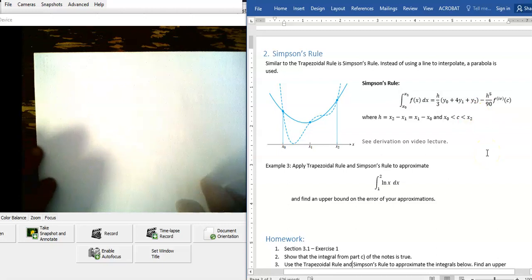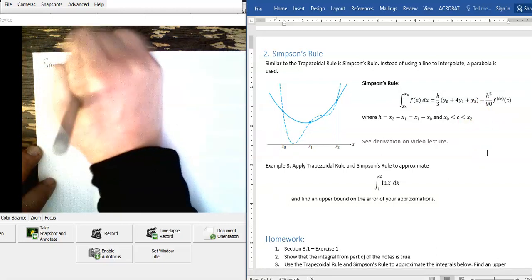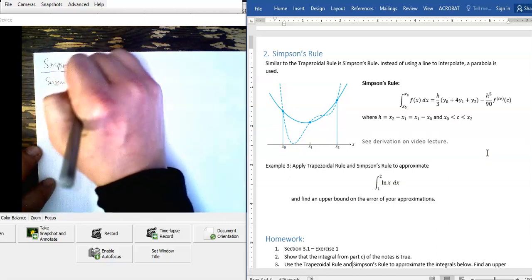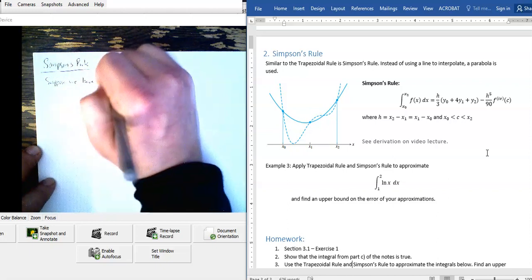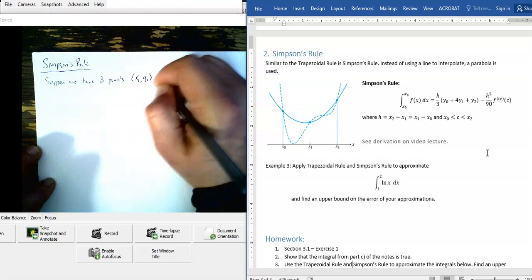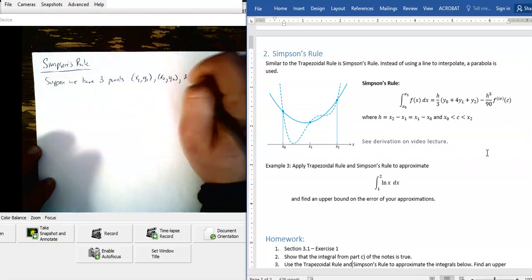So Simpson's rule. Suppose we have 3 points: x0, y0, and then x1, y1, and x2, y2.